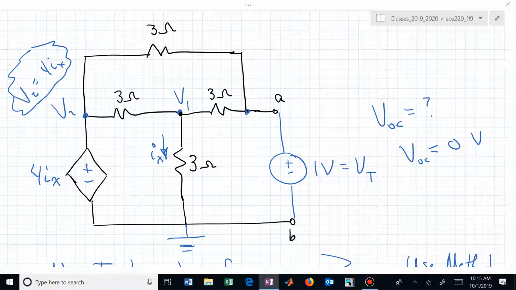But do we know I sub x in terms of the other node voltage? Isn't I sub x the vertical current, which is V1 over 3? Now we know V sub 2 is 4 V1 over 3.